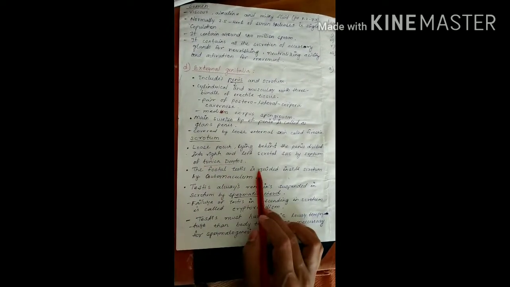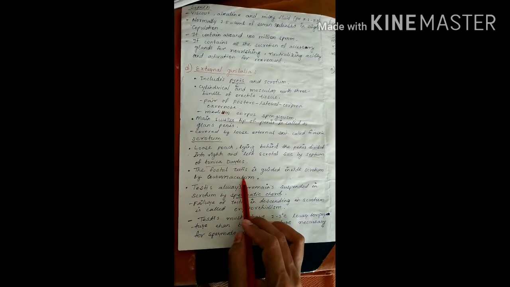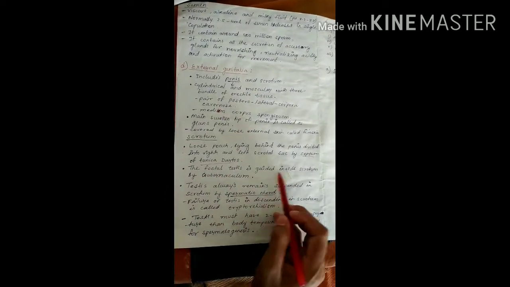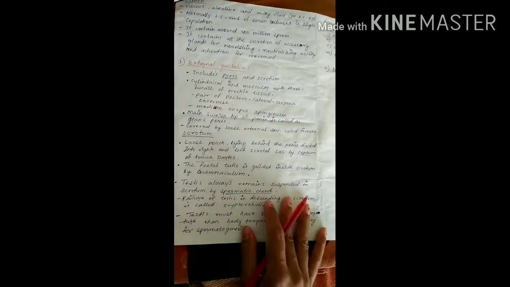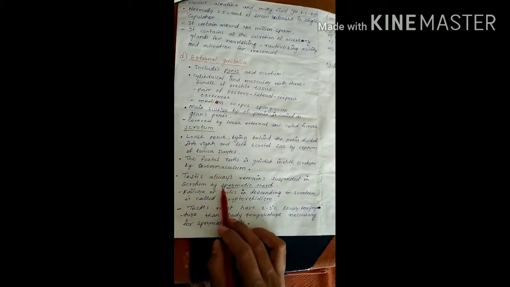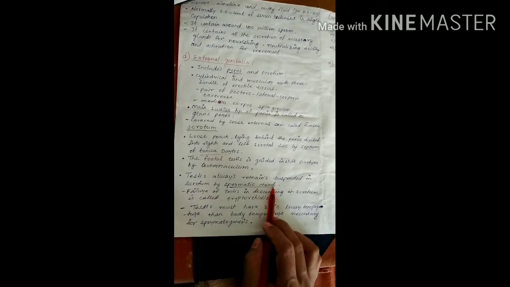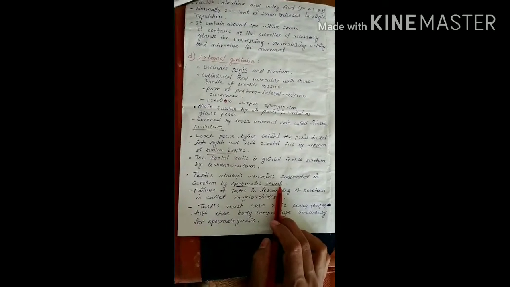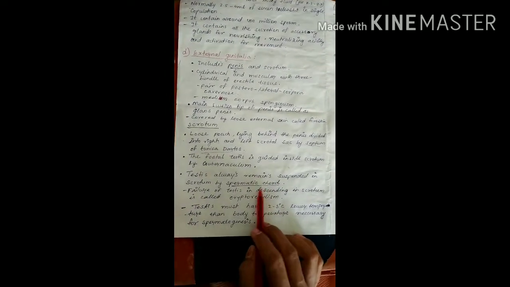The fetal testis is guided inside the scrotum by the gubernaculum. The testis always remains suspended in the scrotum by the spermatic cord. I told you earlier that it occurs in the abdominal cavity and later is transferred into the scrotal sac.